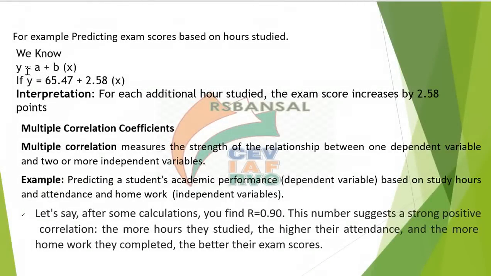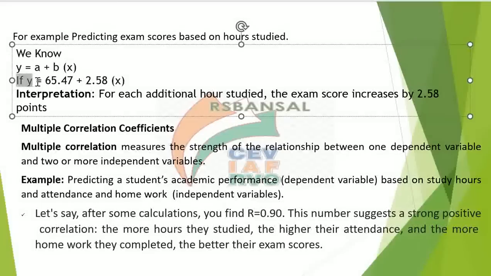Let us suppose we know the formula is a plus b into x. From the various data you calculated that y equals 65.47, which is a constant, plus 2.58 into x, where x is a variable.